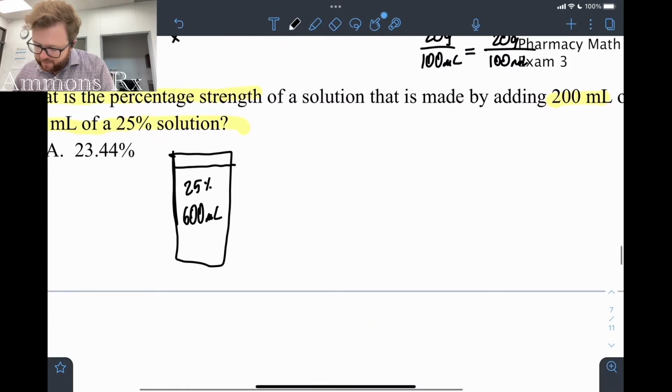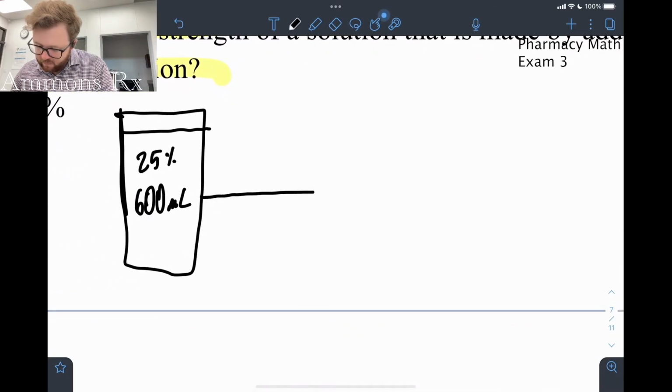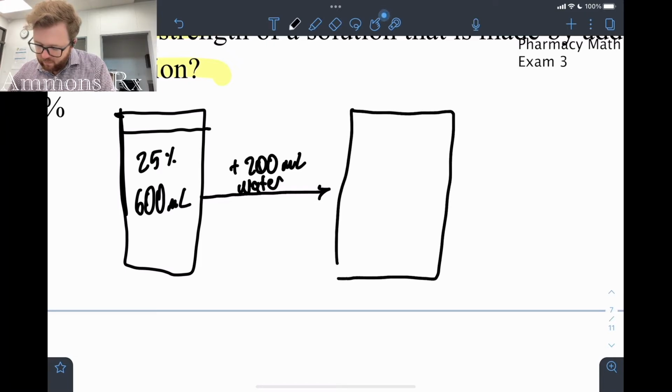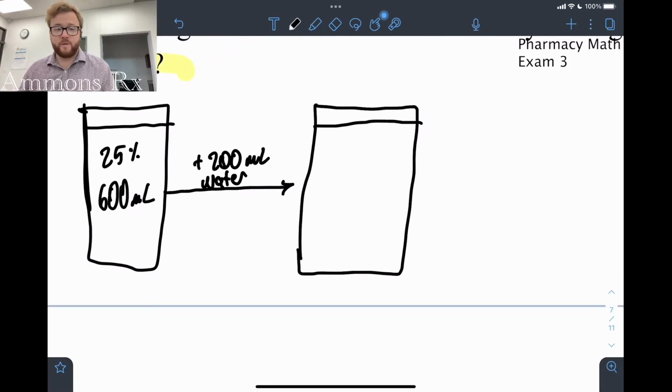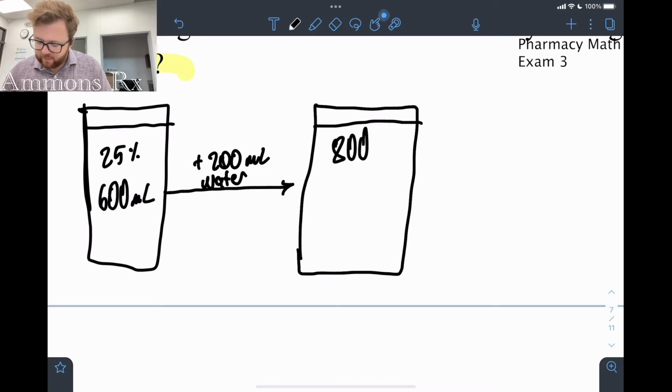And you're going to add 200 mils. So if you add 200 mils of water, what is going to be the final volume? It's just 600 plus 200, right? So that means it's going to be 800 mils.